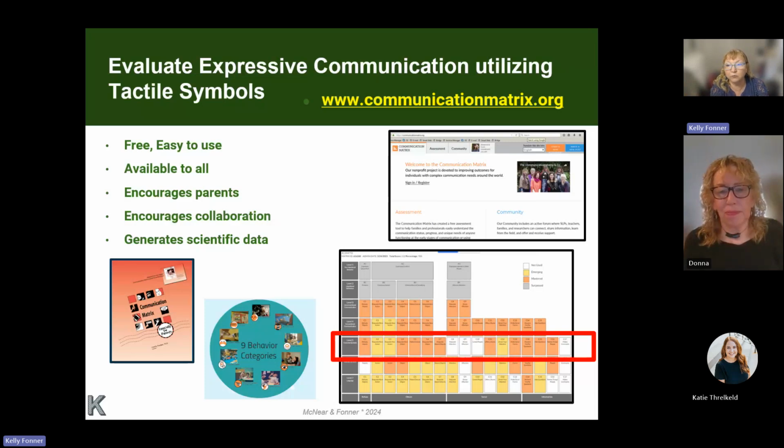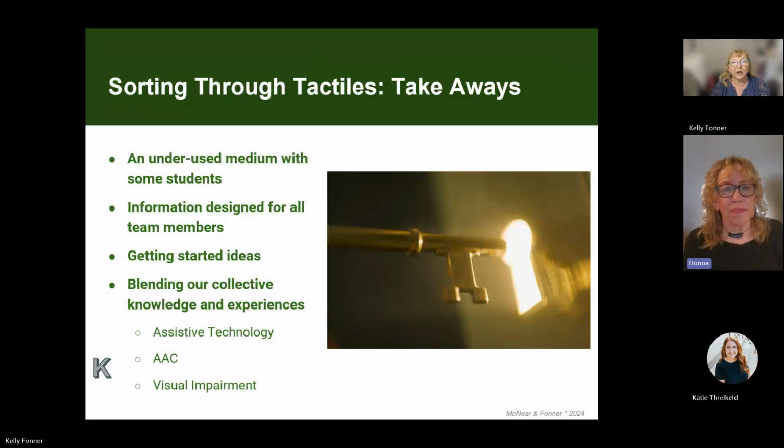So that might be a reference for you to remember if this is something that you're familiar with, to make sure you're making use of it. If you're unfamiliar with it, there are some YouTube videos that teach you how to use the communication matrix and how to evaluate the information from it.